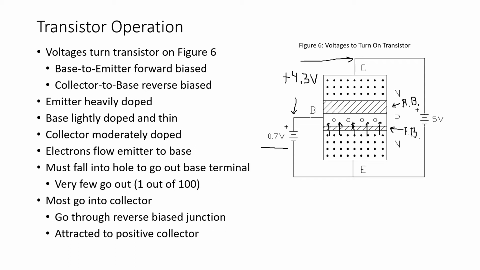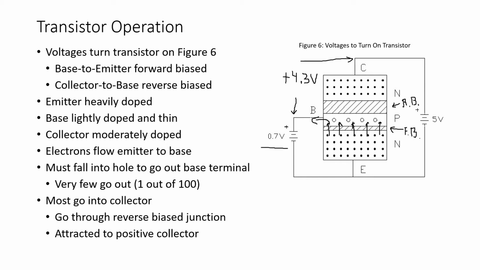Now, in order for an electron to turn the corner and flow out of the base, it must fall into a hole. And because the base region is so very lightly doped, we have very few electrons turning the corner and flowing out the base lead.